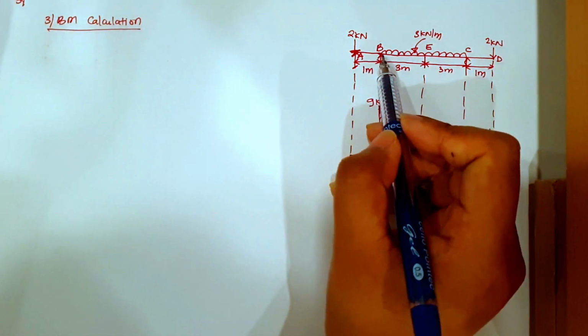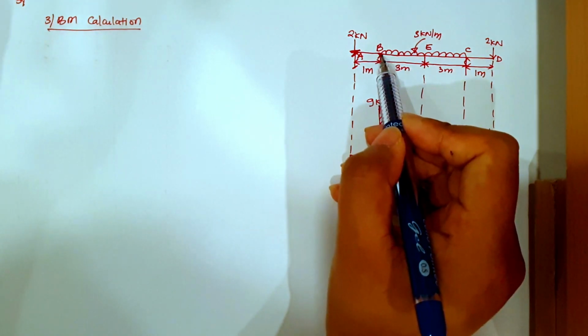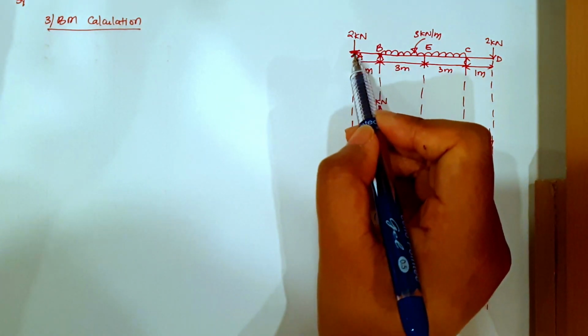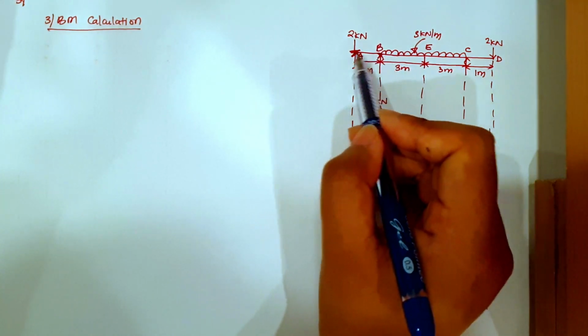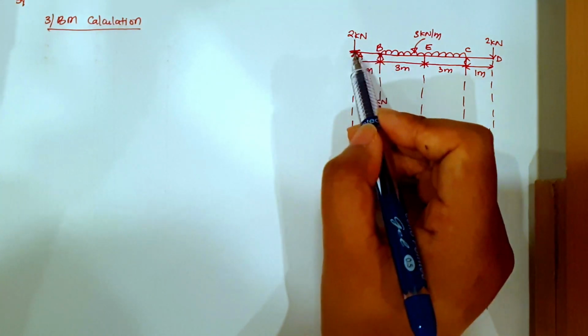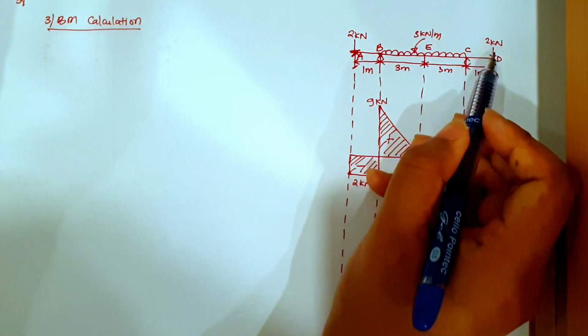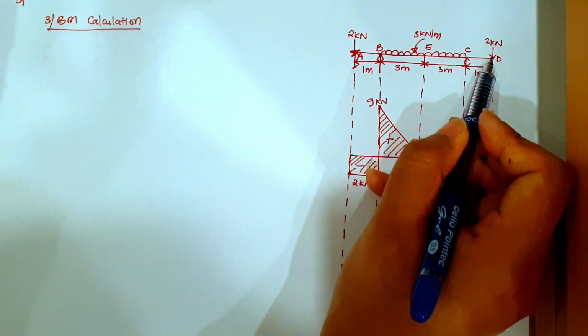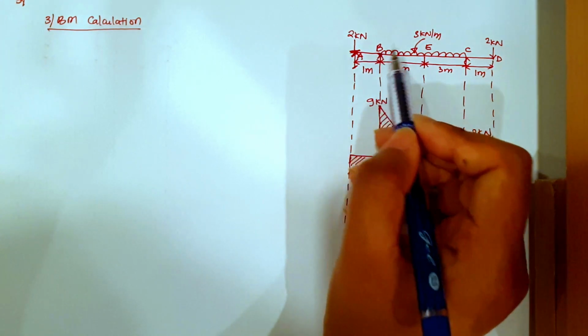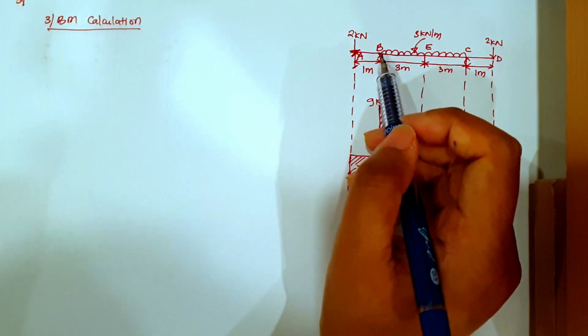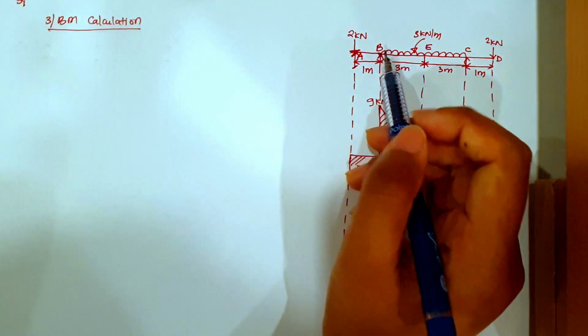What is happening here is that at point B, even though it is simply supported, because there is a load acting at this point, this portion will act as an overhanging beam. C to D also will act as overhanging. So at point B, the moment will not be equal to 0.